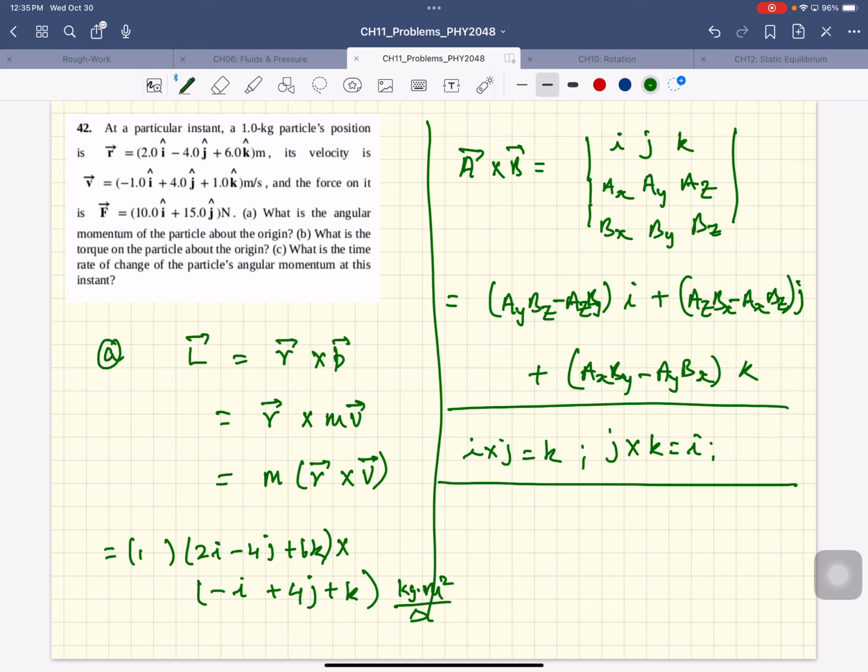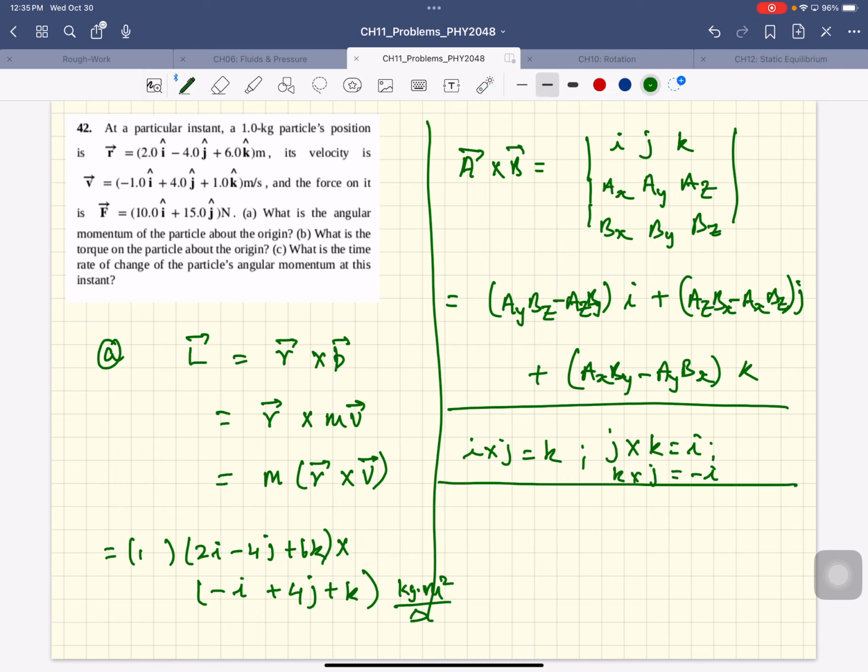And what is k cross j? Very good, j is negative i. If you remember that, it might be useful to do it that way. So let me do the cross product.